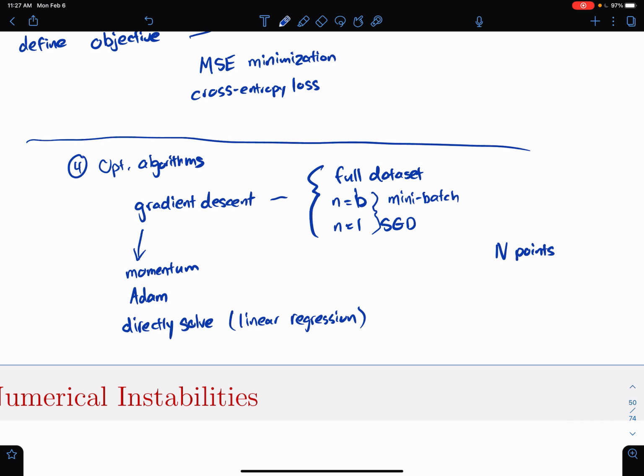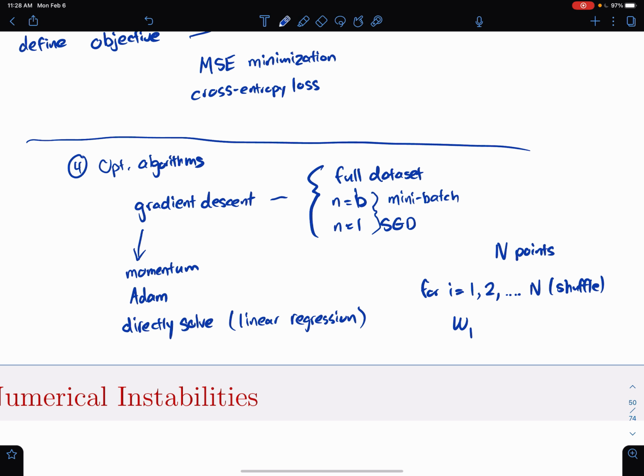So the way this works is we're going to iterate through all the points. So for i equals 1, 2, all the way to n. And this is usually shuffled. What we're going to do is we're going to update our parameters. So let's call that wk maybe.